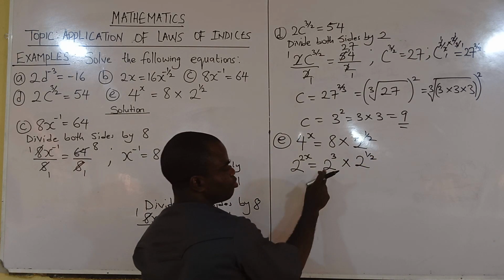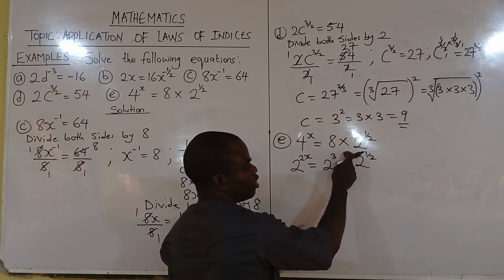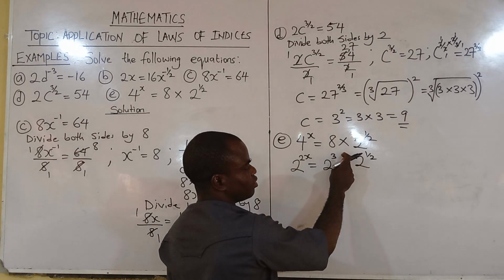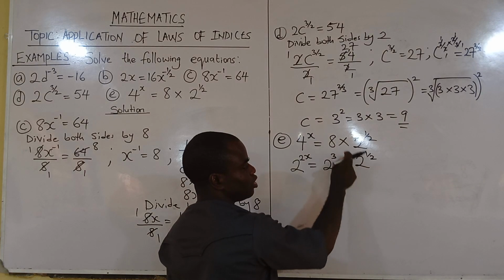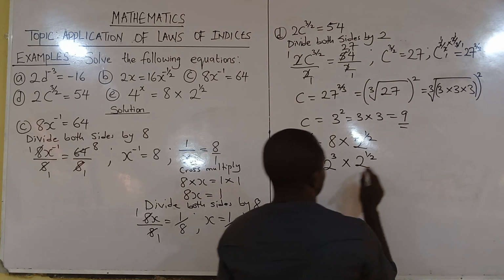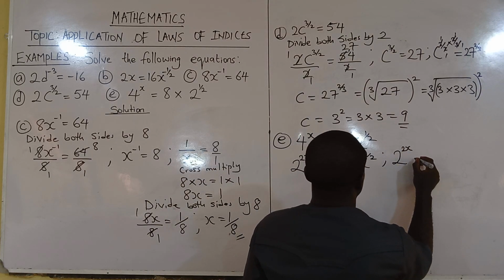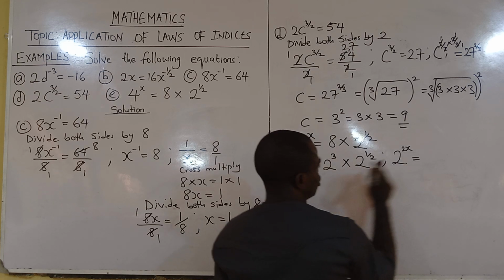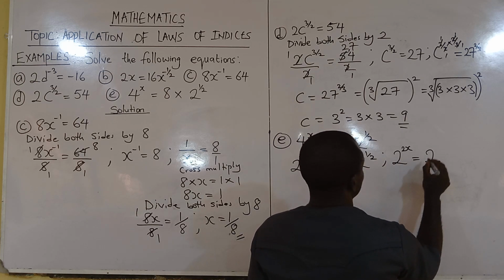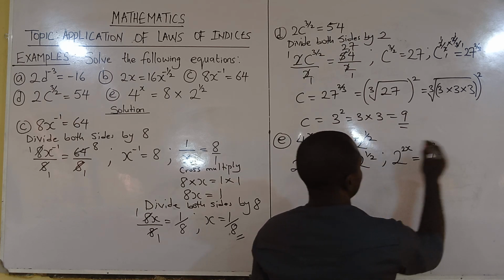In indices, when you pick 2 to represent the 2, the powers will be added together. If it is division, it will be negative. Since it's multiplication now, it will be 2 raised power 2x equals 2 raised power 3. Multiplication in indices will be addition.